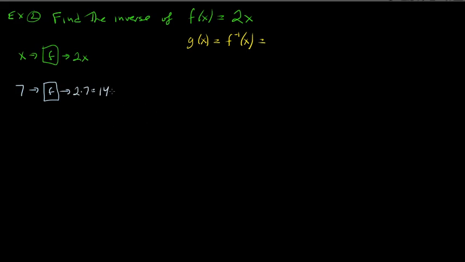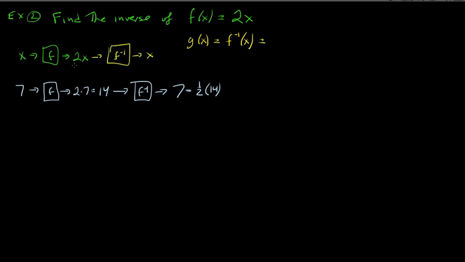Okay. Now, how do we get back to 7? What do we have to do to 14 to get back to 7? Well, you have to divide it by 2, right? You got to cut it in half, right? So you're just going to take half of the input, 14. And so that's the answer, right? How do you get back to x here?